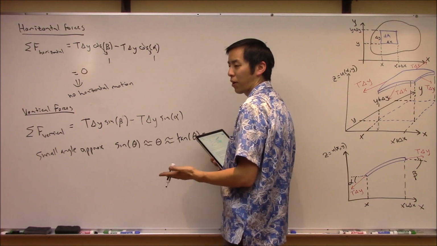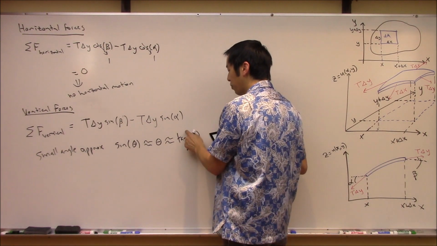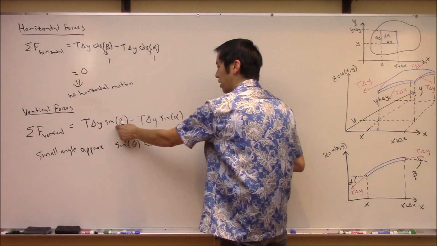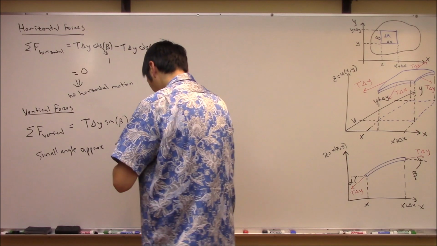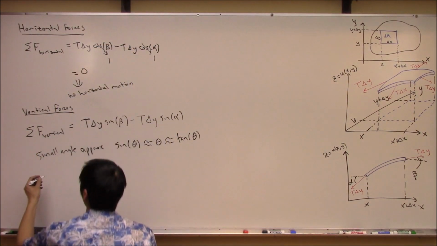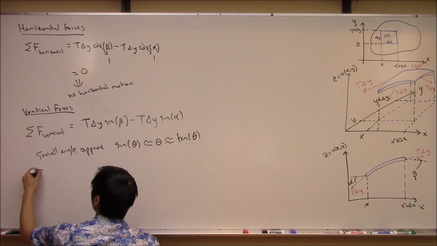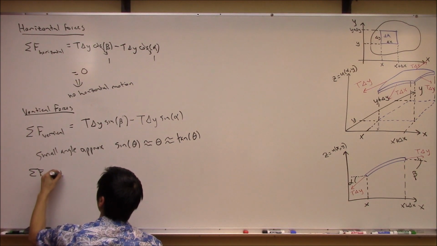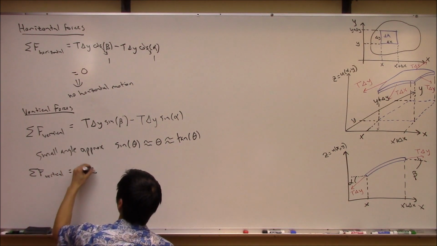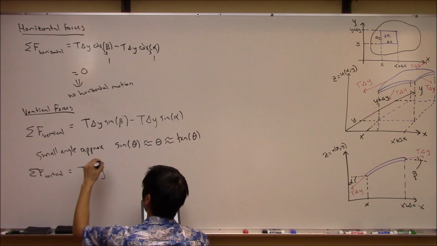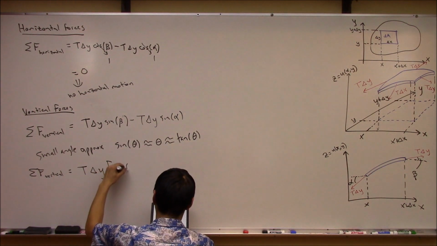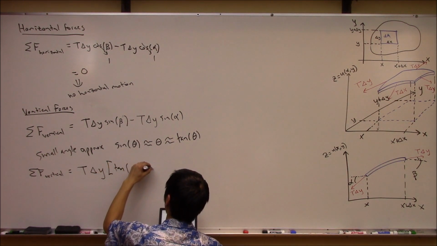So this is all approximately reasonable. Let's plug in this expression for tangent into these. So what we end up with is the sum of the forces in the vertical, which we could write as T delta Y times the quantity tangent beta minus tangent alpha.